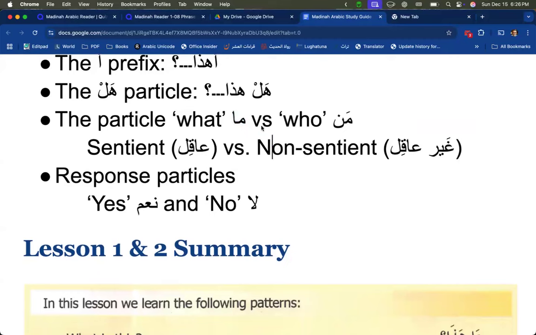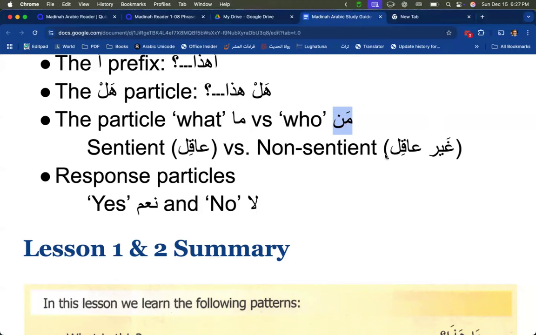Okay? And then we learned that man, who, we use for people, and ma, what, we use for things. Man hada, who is this? Ma hada, what is this? Right? So the concept is sentient or non-sentient, aqil or غير عاقل.